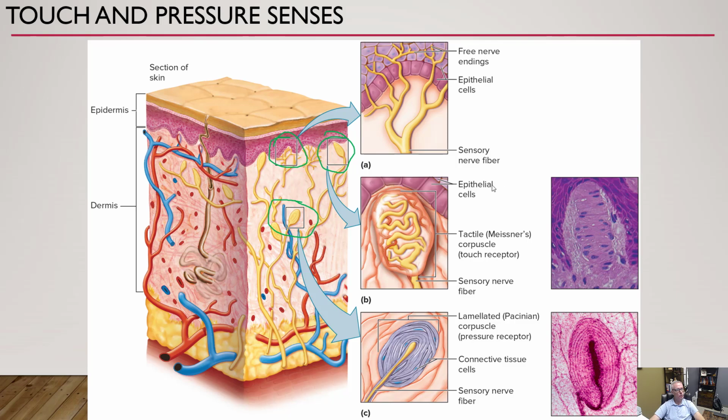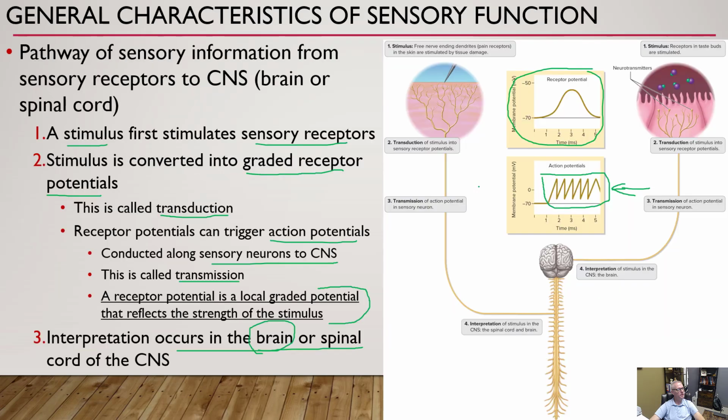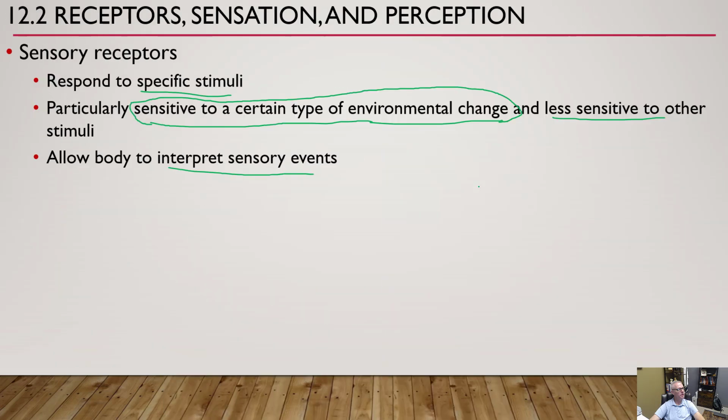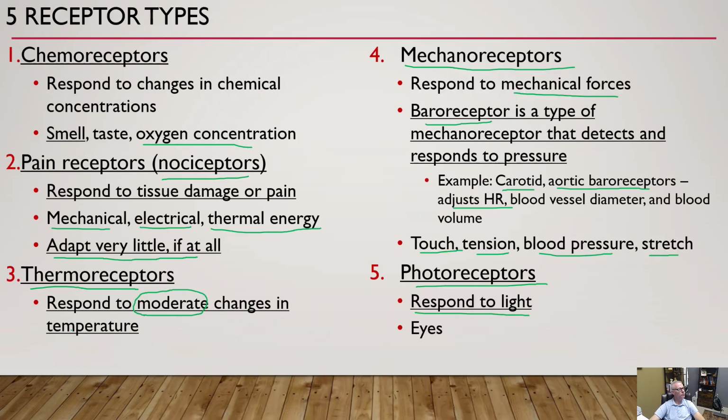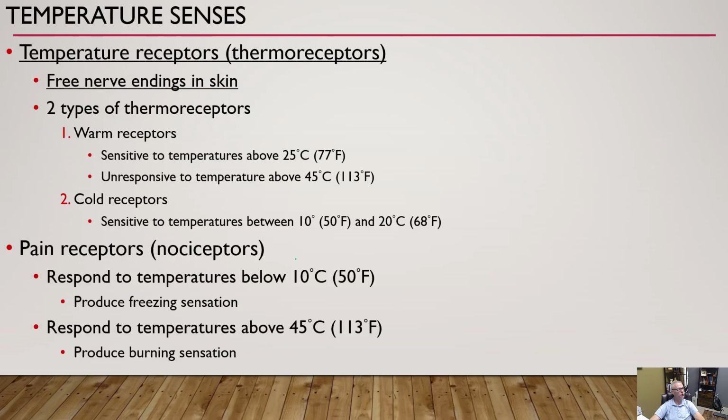All right, so, way back up in this slide, I said thermoreceptors respond to moderate changes in temperature. So thermoreceptors, they're also free nerve endings in skin. So when I say moderate changes in temperature, we have warm and cold receptors.